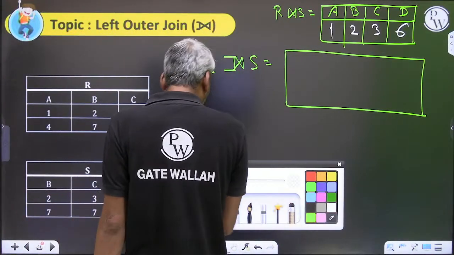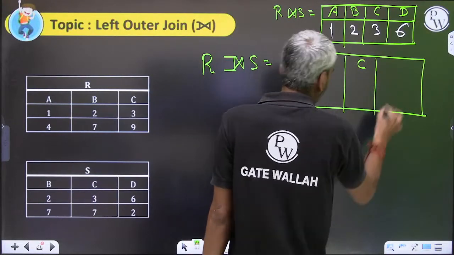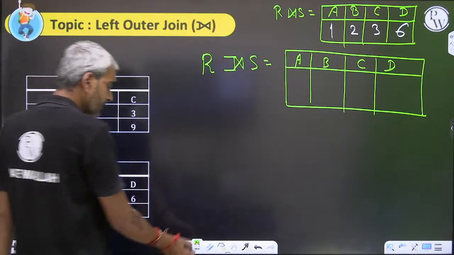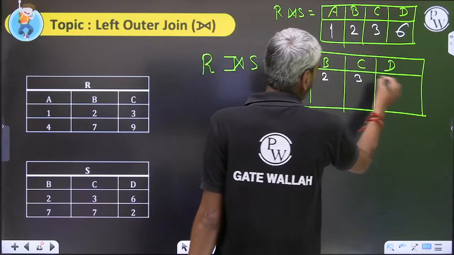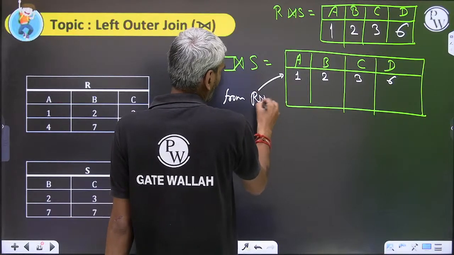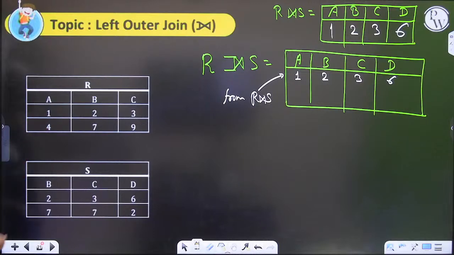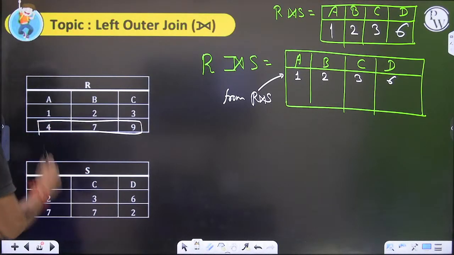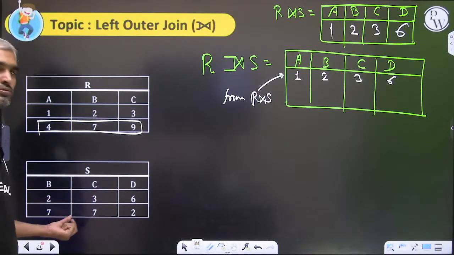If you talk about left outer join, then you will have the same set of attributes as the natural join. It will include the tuples from R natural join S, that is 1, 2, 3, 6 will be present. But apart from that, you will also have the tuple from the left hand side relation that failed the join condition. This tuple 4, 7, 9 was never a part of the join operation.